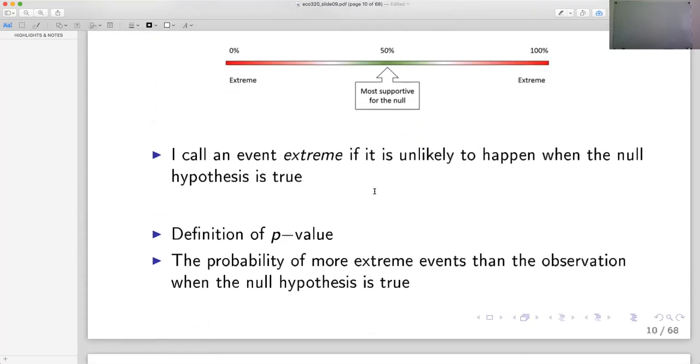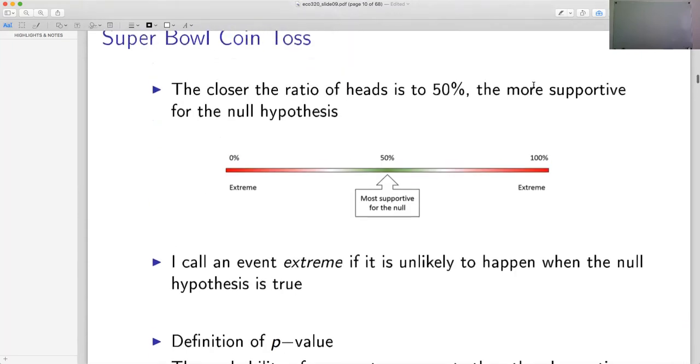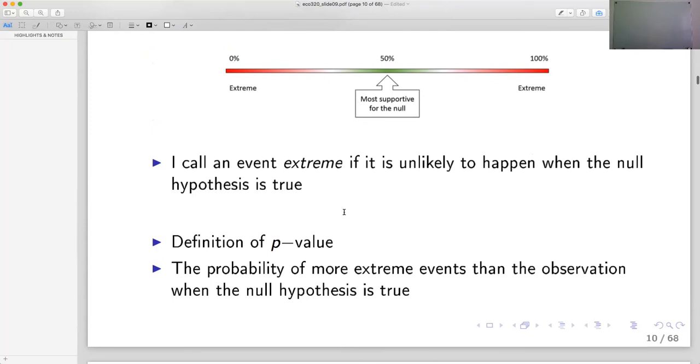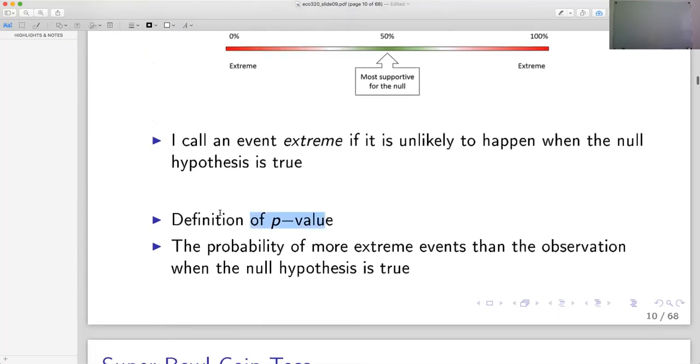I call an event extreme if it's unlikely to happen. For example, when you flip a coin 10 times and all 10 are heads, or all 10 are tails, those are extreme outcomes. Now the definition of a p-value, which is going to be used a lot from now on, so keep it in mind: the probability of more extreme events than the observation when the null hypothesis is true.